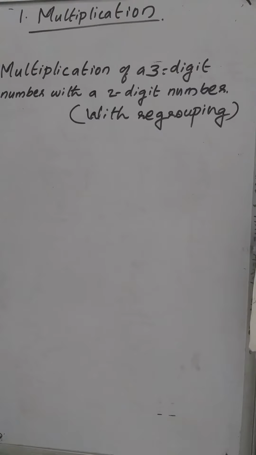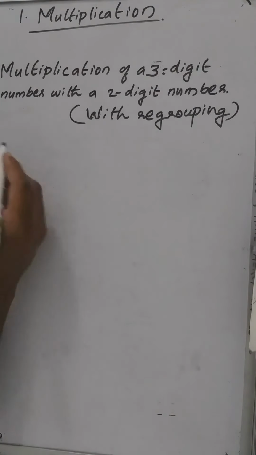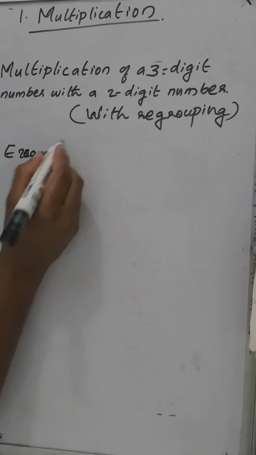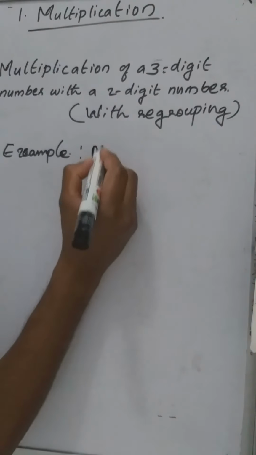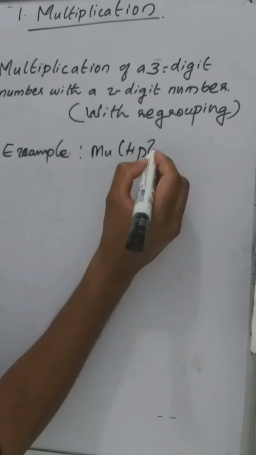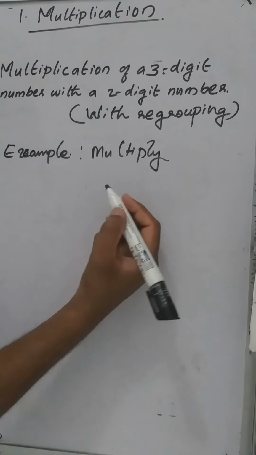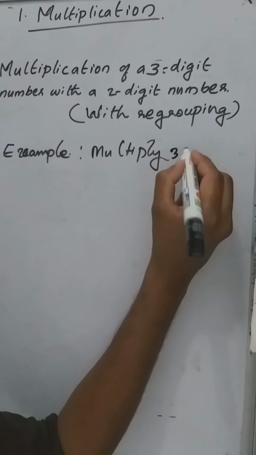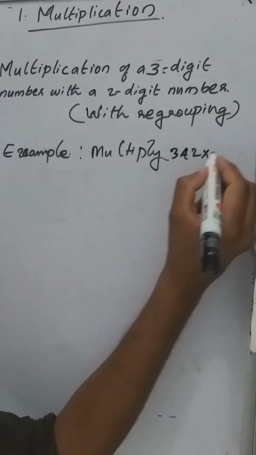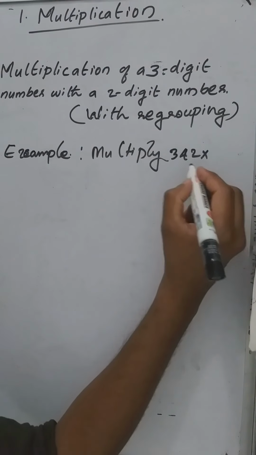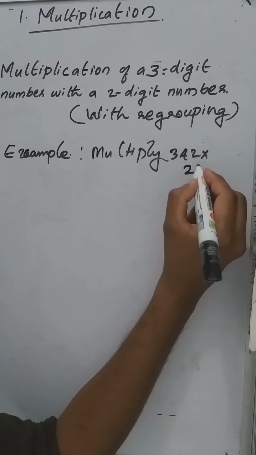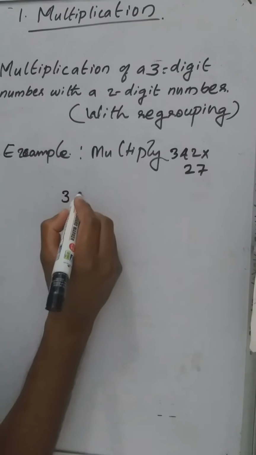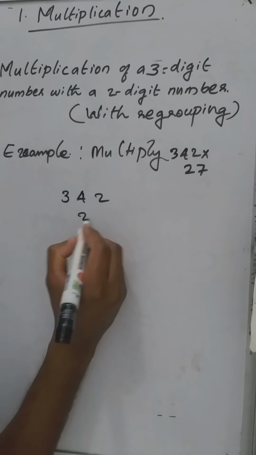Multiplication of a 3-digit number with a 2-digit number. Example. Multiply 342 by 27. So first of all you have to write 342, 27.